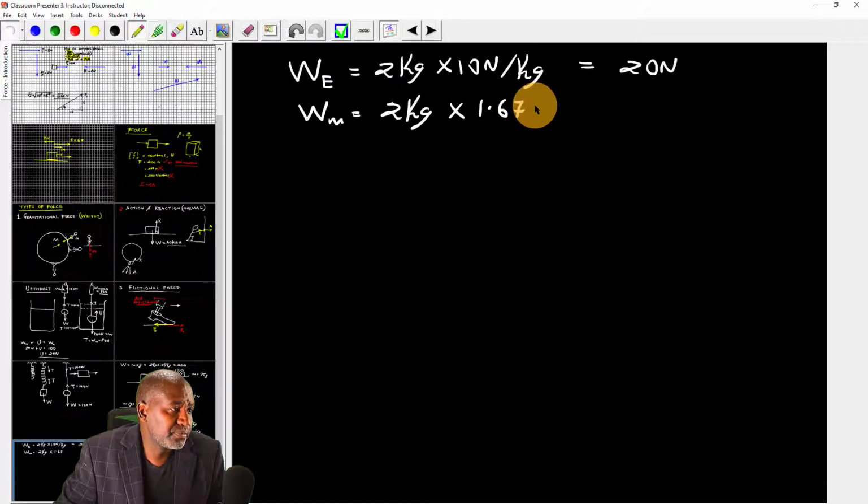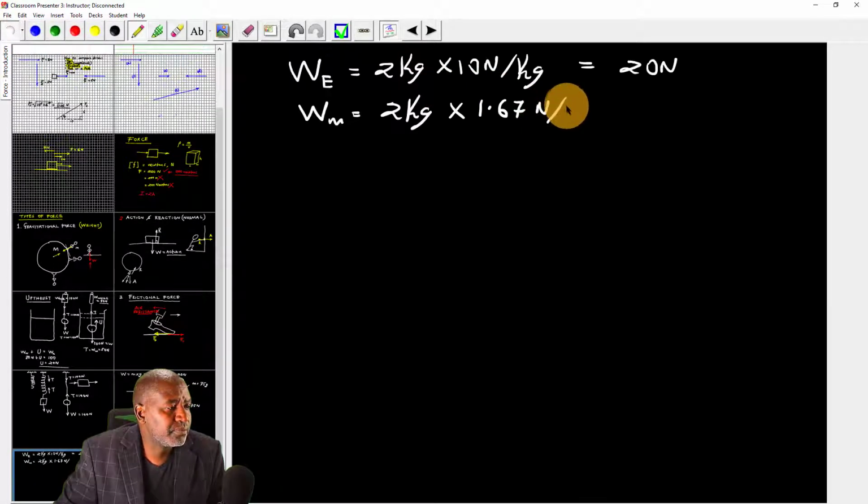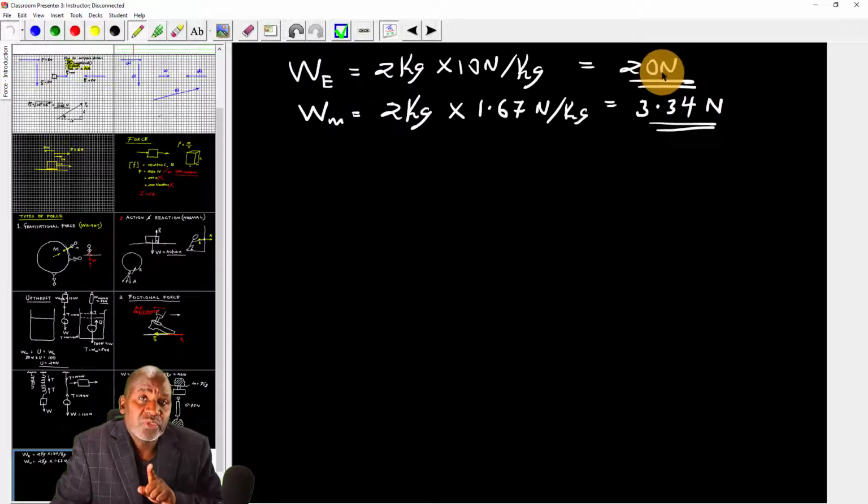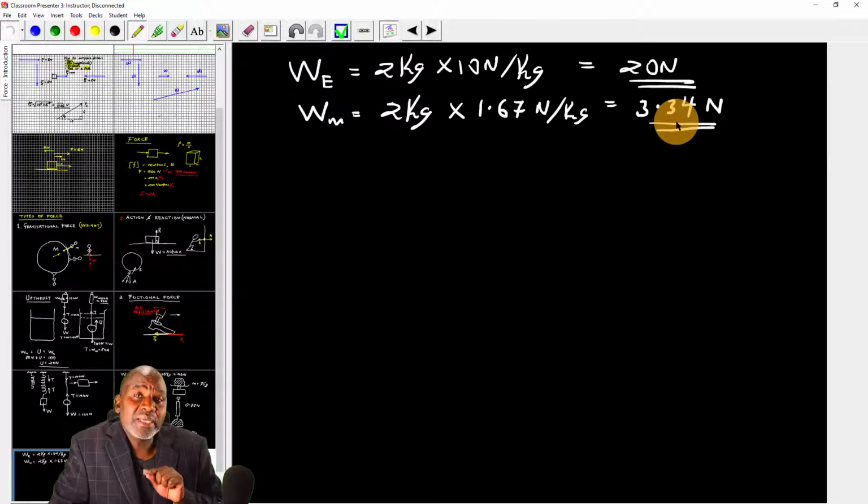So you should be able to see this times 2 gives about 3 newtons. So you can see in one place the weight of an object is 20 newtons. In a different place the weight of the same object is different. So it's clear weight changes from place to place while mass remains the same.